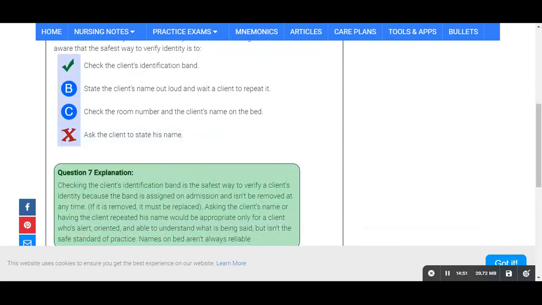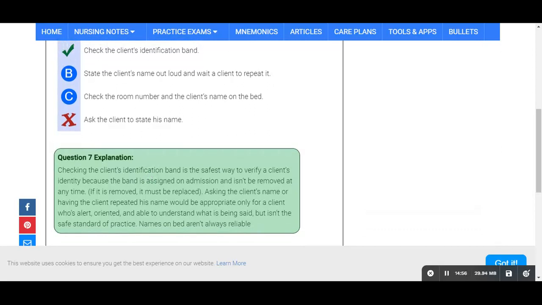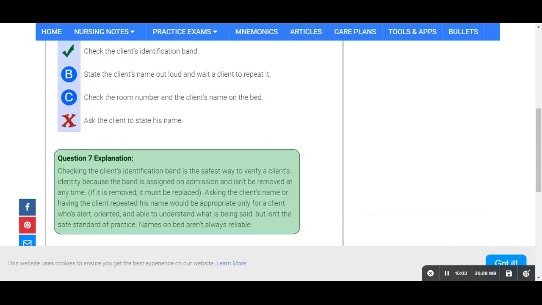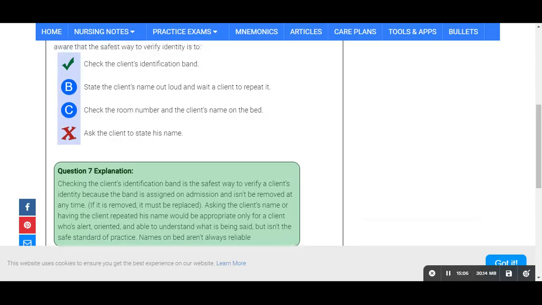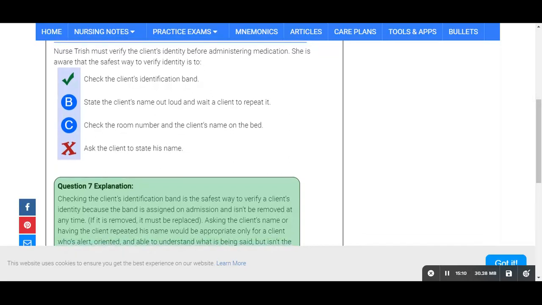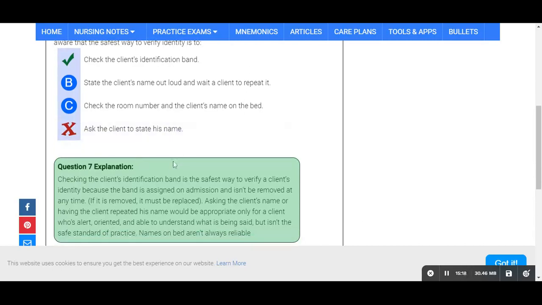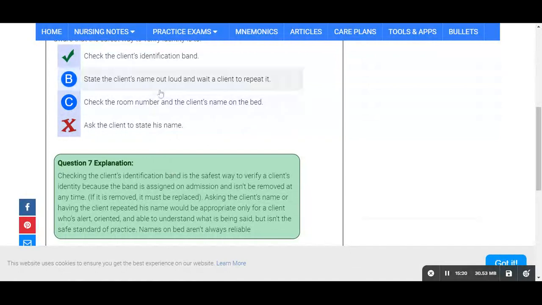Oh no. Well, I'm not sure where this came from, but this is what I learned from school. The safest and best way to verify the client's identity is to ask the client to state his name, because the client's identification band can be mismatched with others, it can happen.